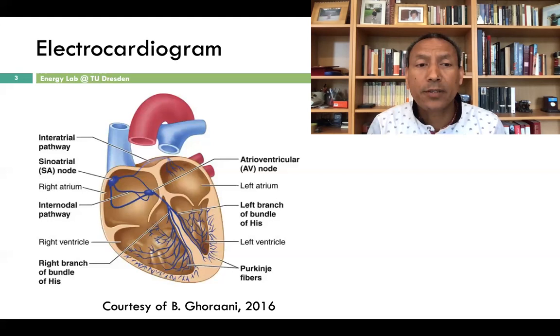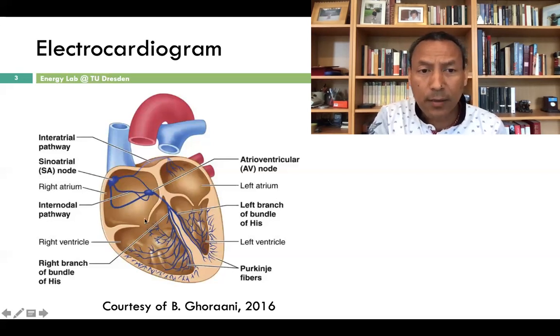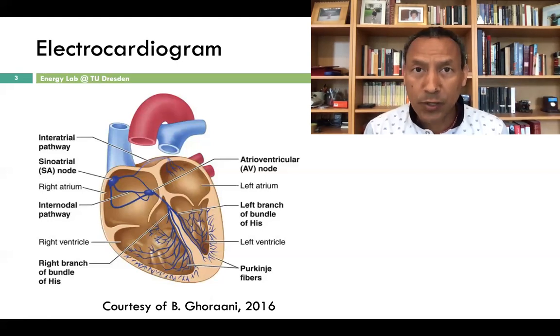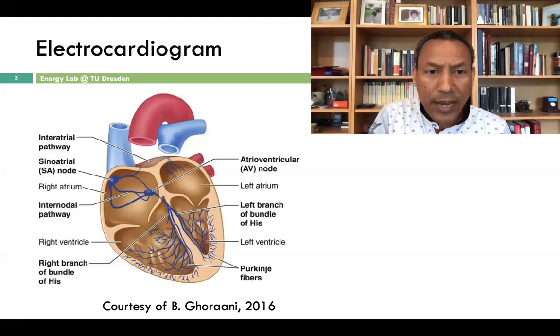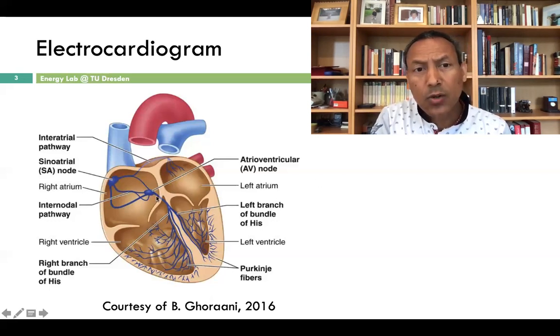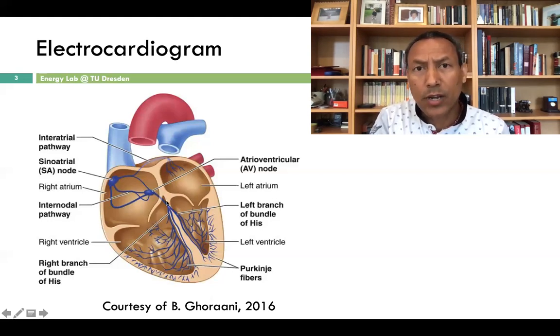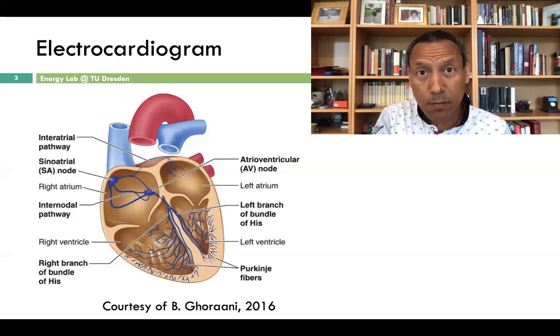During this time, the valves blocking the blood from going into the ventricle will open and blood will go into the ventricle. Now the electric impulse leaves the AV node and goes through the His bundle, a collection of nerve fibers called the His bundle.